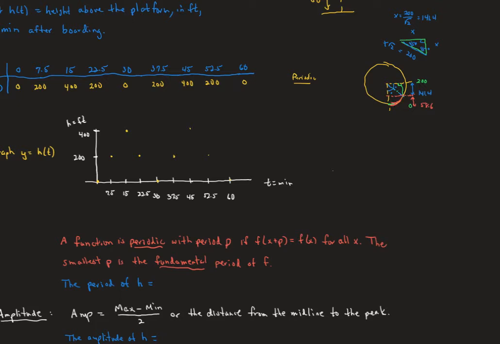So you can see in that 3.75 minutes here, we've only gained a height of 58.6, whereas in that next 3.75 minutes here, we've gained a height of 141.4. So that's the argument that this is not going to be straight lines. In fact, we're going to be increasing but slowly at first and then faster and faster.